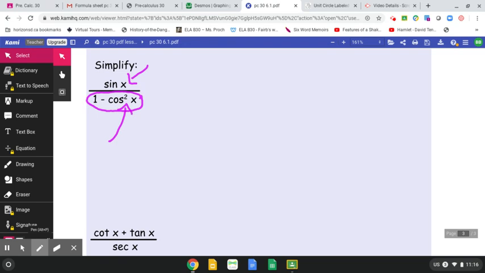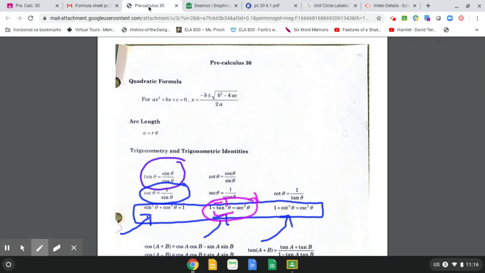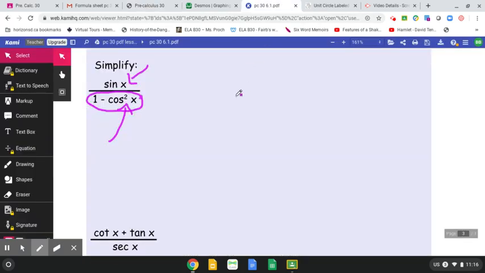And it always is. It's honestly, it always is. So Pythagorean identity, which means I am looking at these last 3 rows, and we need to see if they manipulated any of those 3 to be 1 minus cos squared x.